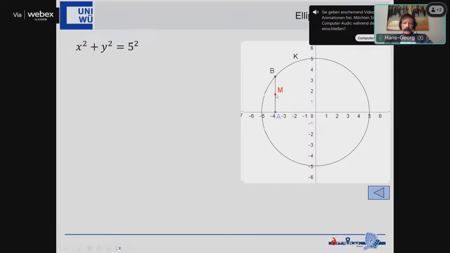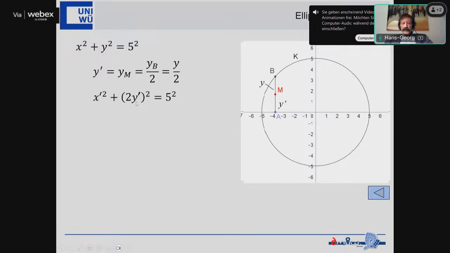If AB is y and AM is y prime, then y prime is half of y, of course. Then x and x prime are the same, it doesn't change, but y is changing.